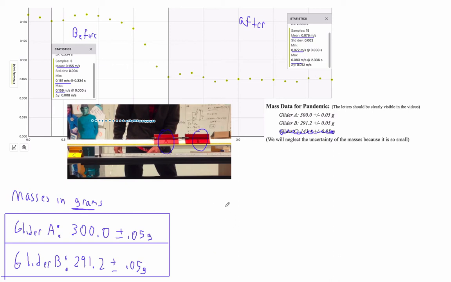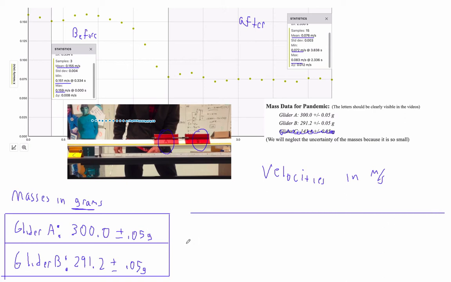Okay, now let's do velocities, and let's just say that they're all in meters per second, because notice these are all in meters per second, and that will keep us from having to label them, you know, meters per second, which is a whole lot of work, you know.